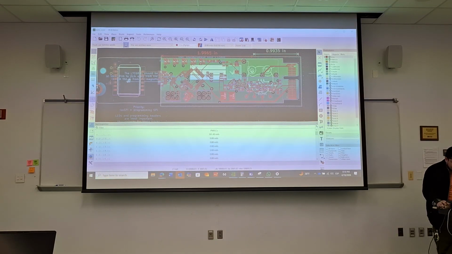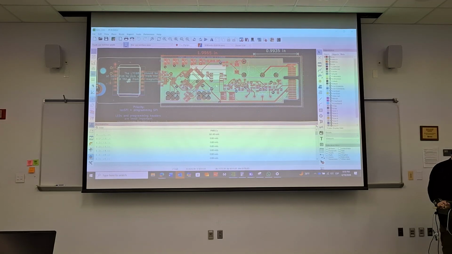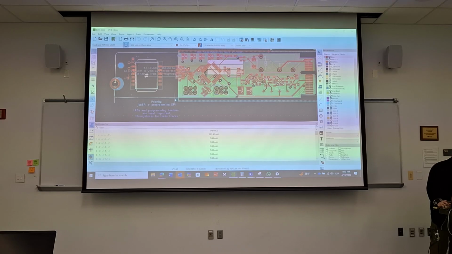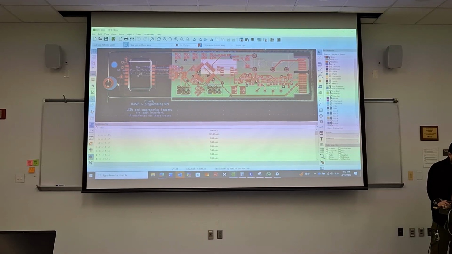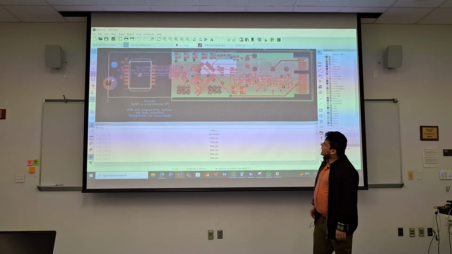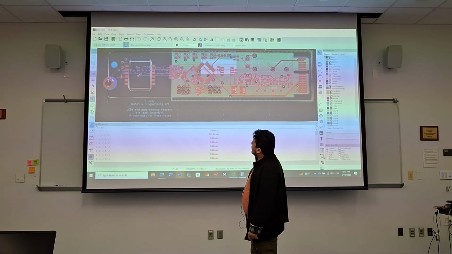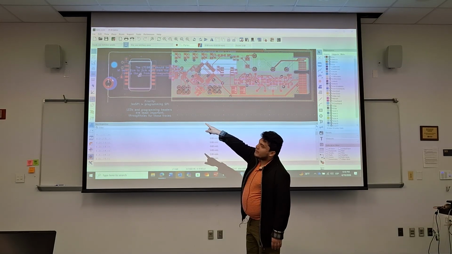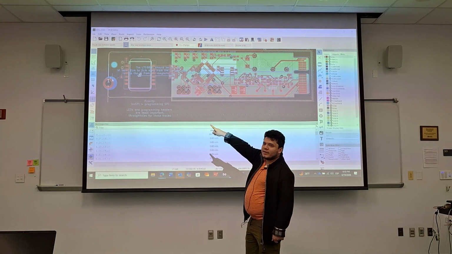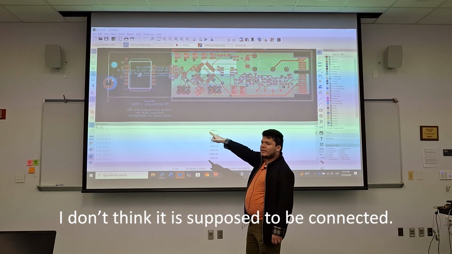On this design, I mean, I still question this, but if this is certain, I guess the first thing that comes to mind, so that is not connected to anything, right? We're certain about that? That this ground hole is not connected to anything? It is not supposed to be connected to anything?